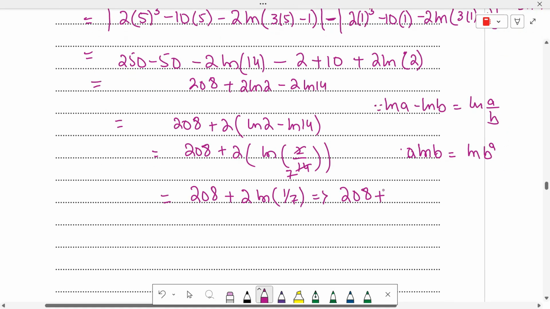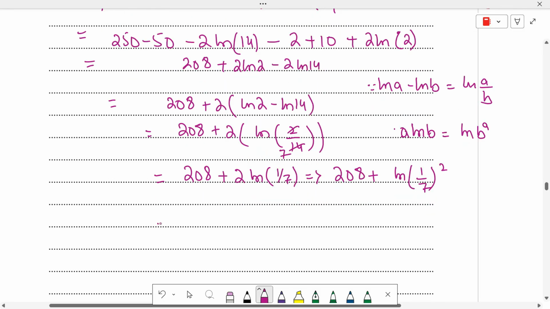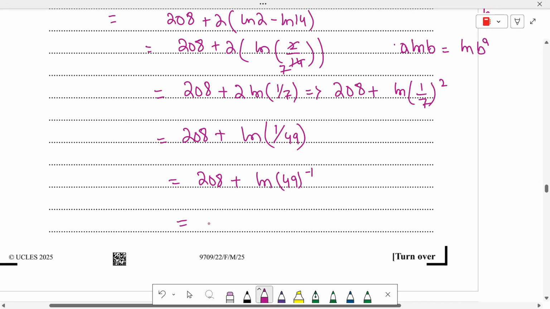So here 2 ln 1 over 7 becomes ln 1 over 7 to the power of 2, which is 208 plus ln 1 over 49, which is 208 plus ln 49 to the power of negative 1, which is 208 minus ln 49.